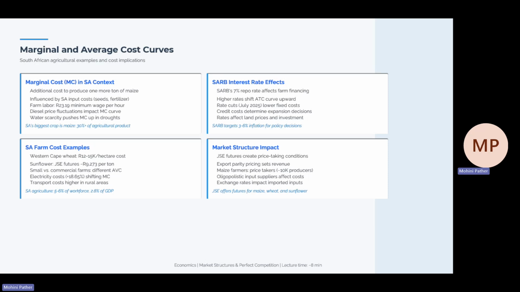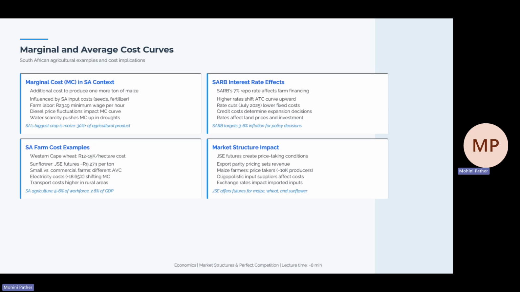They have oligopolistic input suppliers that affect costs. Like I said, fertilizer and seeds now become a problem if you're a small versus a commercial farmer. There are exchange rates which impact imports.